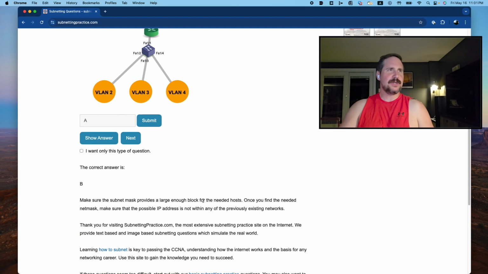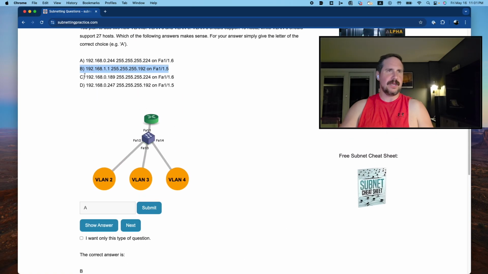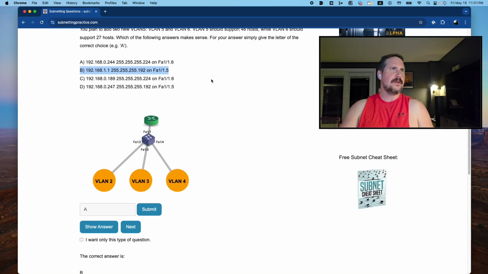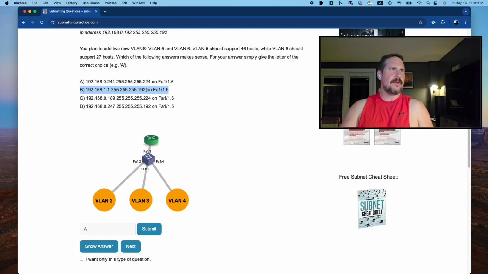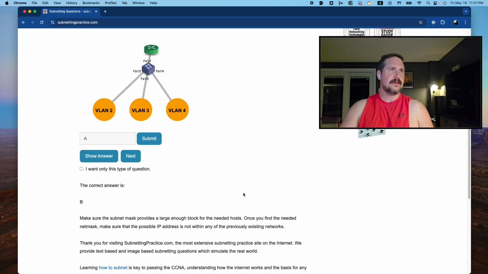So again, make sure that the subnet mask provides a large enough block for the needed hosts. Okay, so with a subnet mask of .192, that would provide a block of 64 hosts. And that is the smallest possible block that would work, so that makes sense.